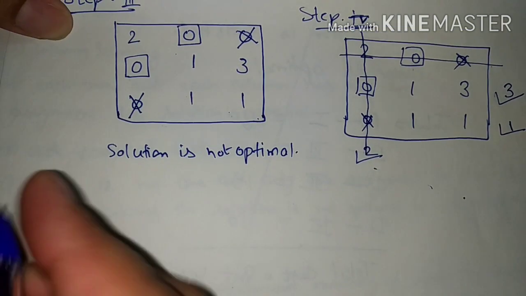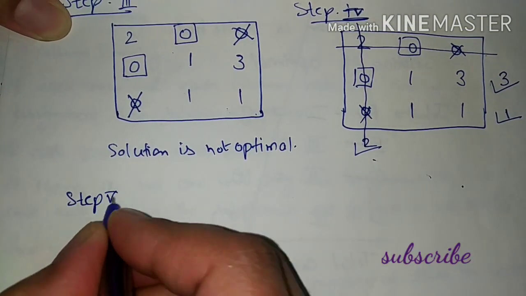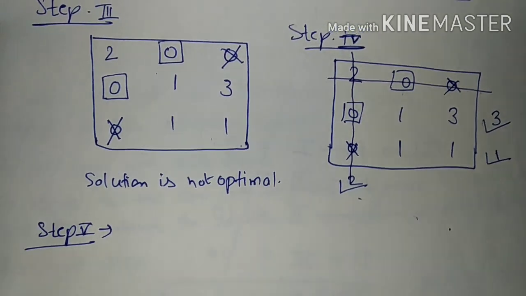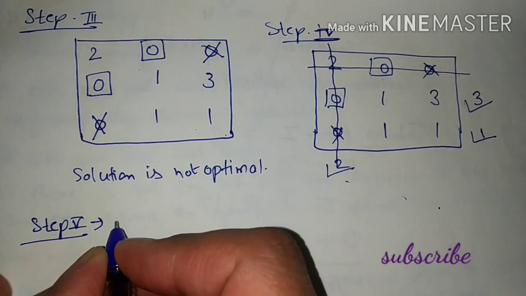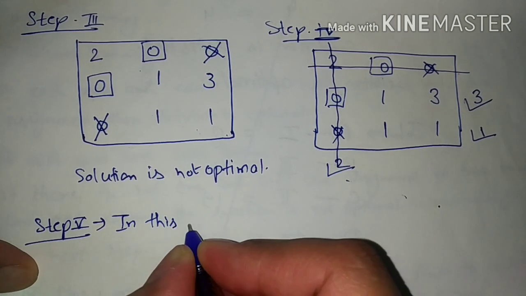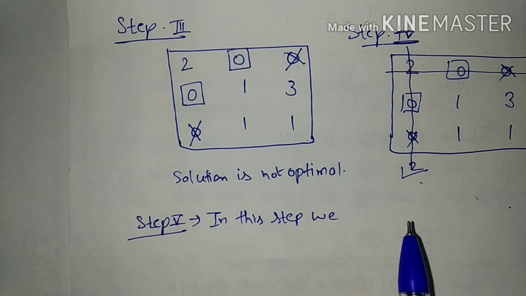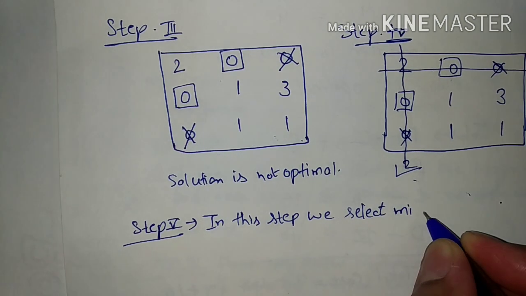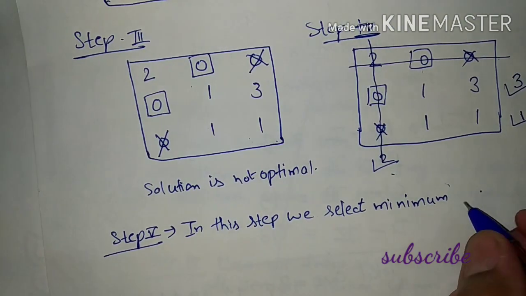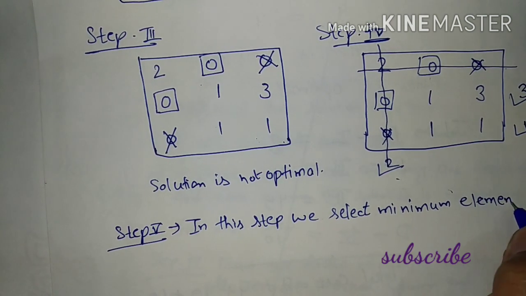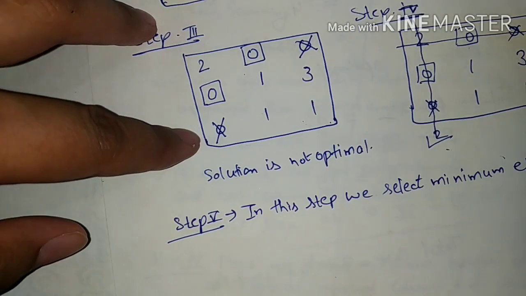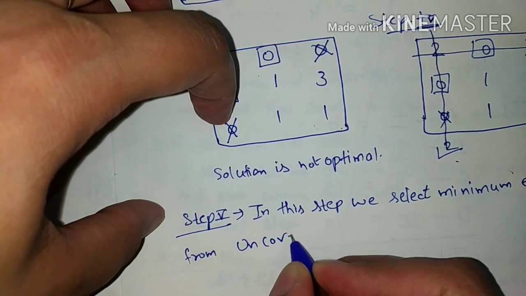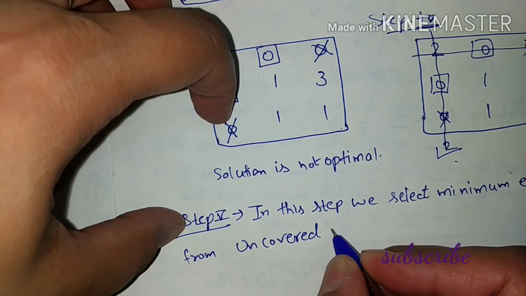Step number 5. In step number 5, in this step, we select minimum element from uncovered element.